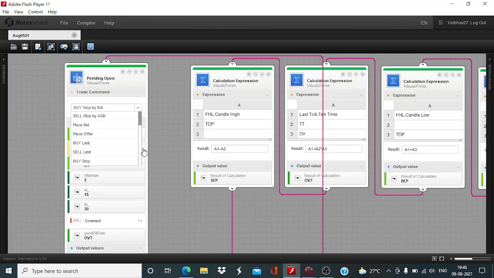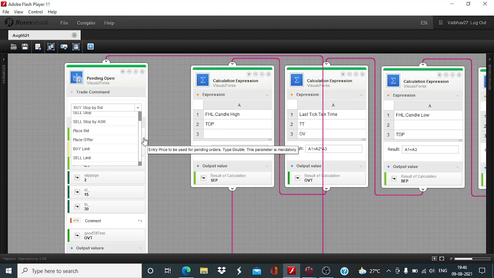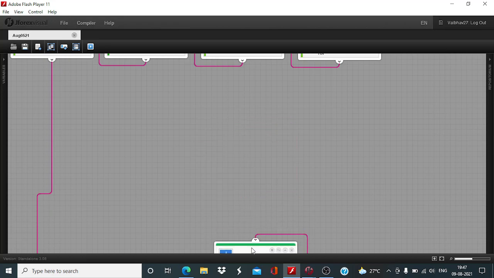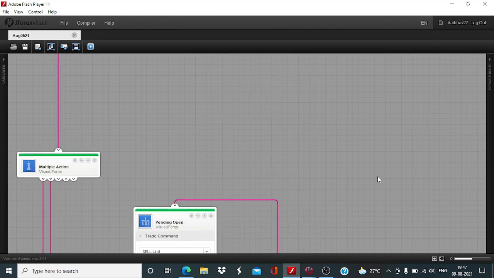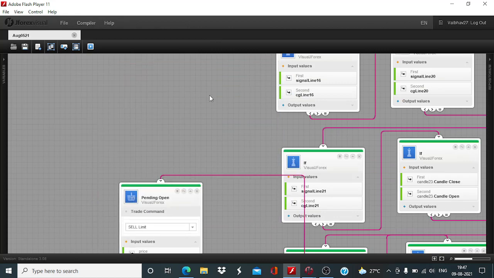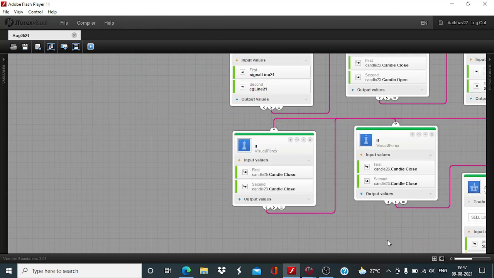And trade command will need to be changed to sell limit. So with this, the setup is complete. I hope you have been able to understand the logical as well as the execution part of this algorithm.